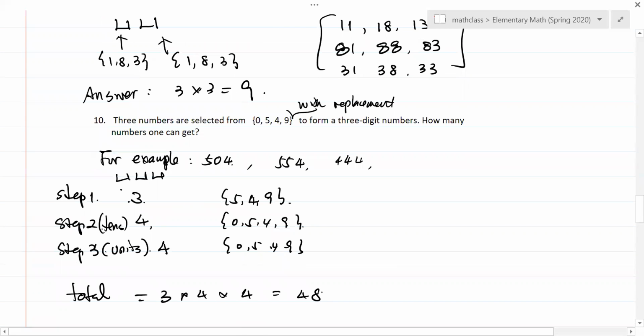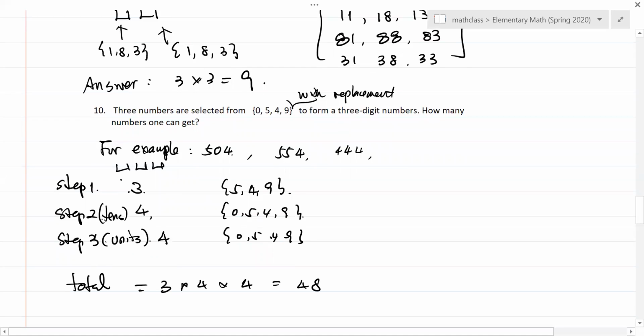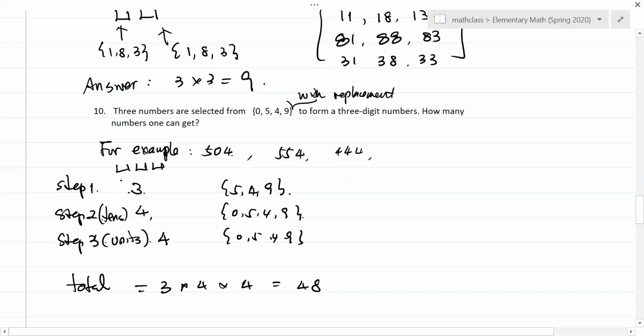You get 48 different numbers. Now, if I modify the problem, say all the digits are different, there'll be a totally different answer.